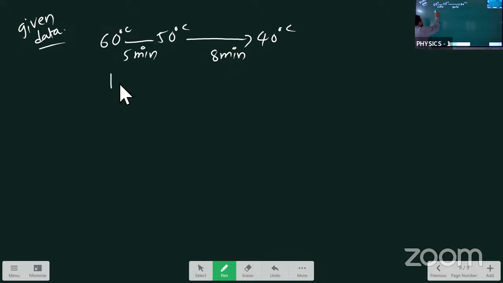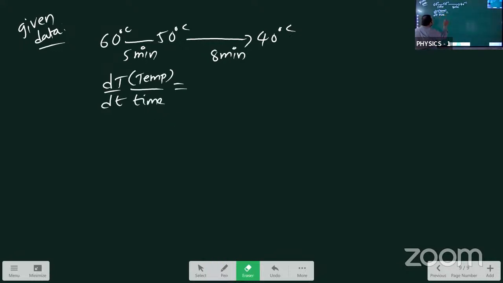A body cools down from 60 to 50 degrees Celsius. For this one, the formula is compulsory: dT by dt. Capital T indicates temperature, small t indicates time. Don't get confused. Capital T is the temperature, this one temperature difference, this one time.